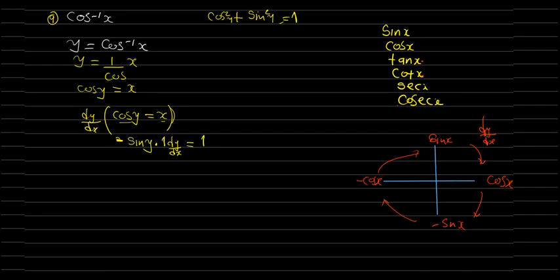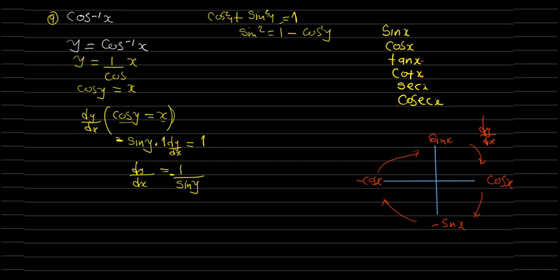So from there, dy/dx is equal to negative 1 over sine y, we divide throughout by sine y. It's negative because of the negative we had there. Don't forget the negative. Now we bring the same identities: sine squared y is equal to 1 minus cos squared y.